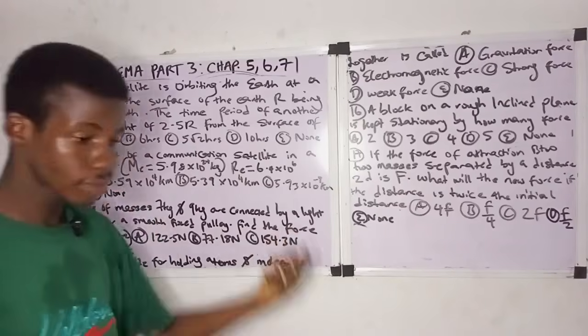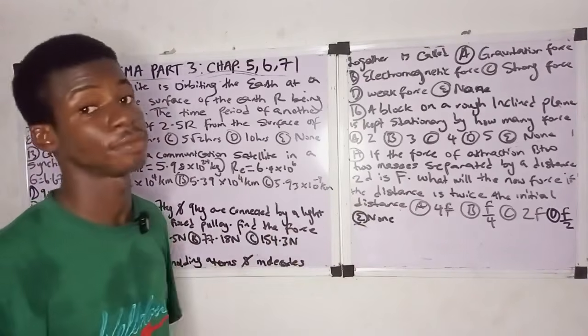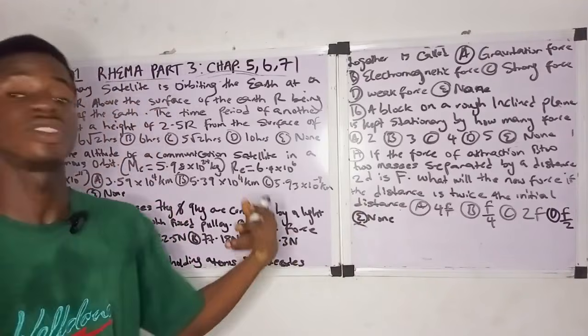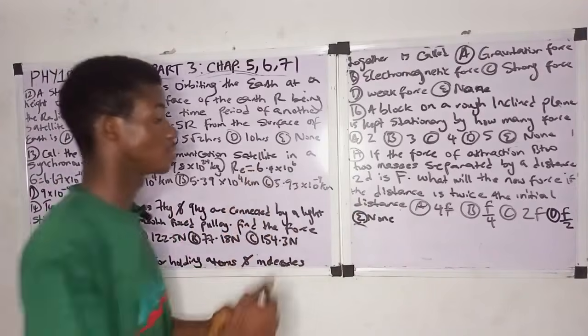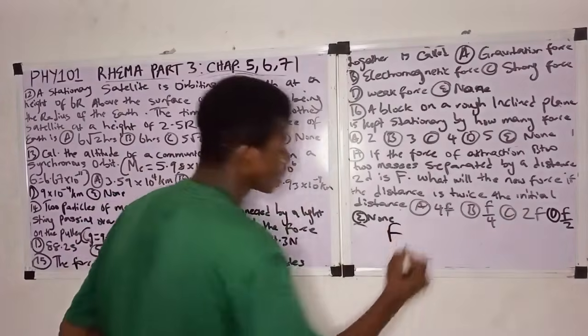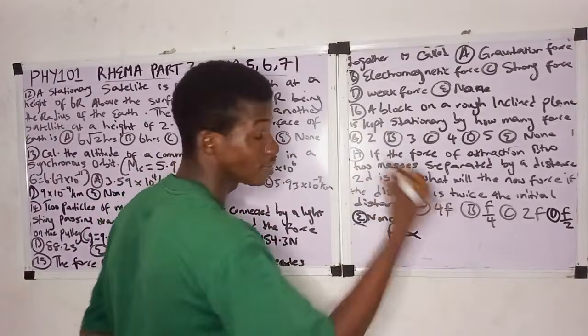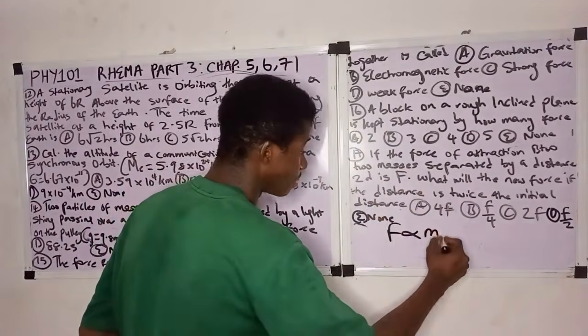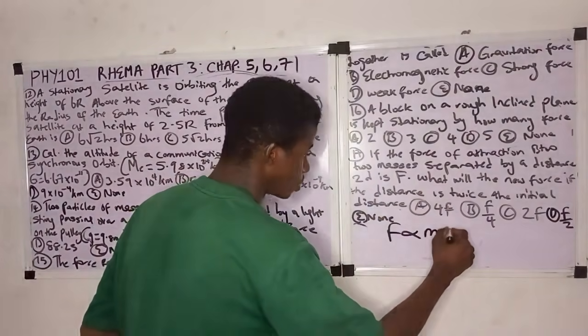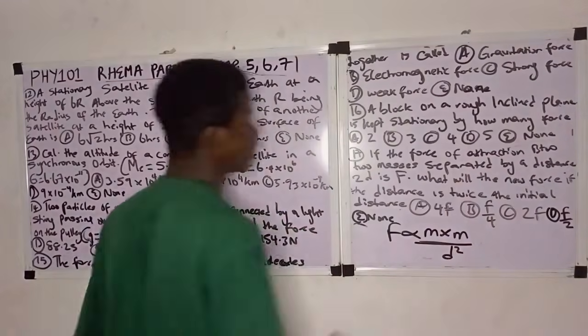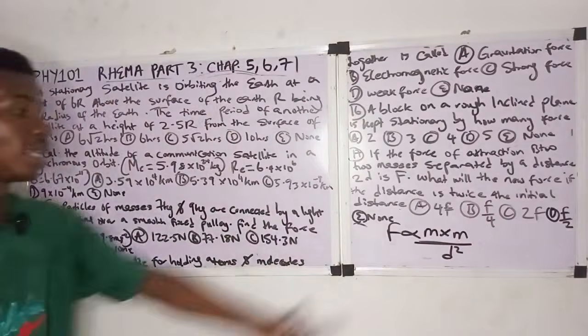This question comes from Newton's universal law of gravitation, which states that the force of attraction between two objects is directly proportional to the product of their masses, and inversely proportional to the square of their distance apart, right?